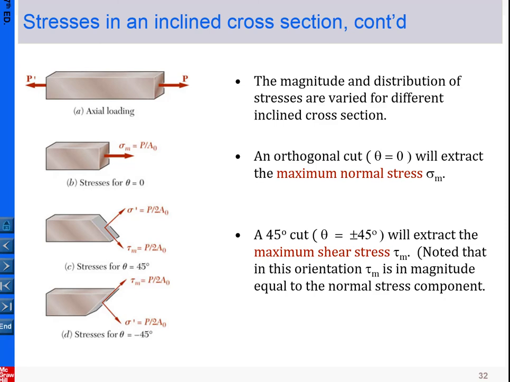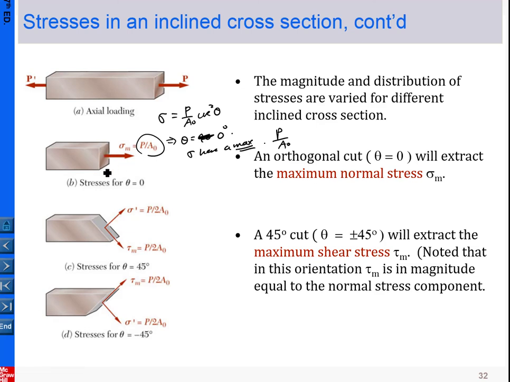Using these equations, based on sigma equal to P divided by A naught, cosine squared theta, we can determine that when theta equals 0 degrees, sigma has a maximum value. The maximum value equals P divided by A naught.